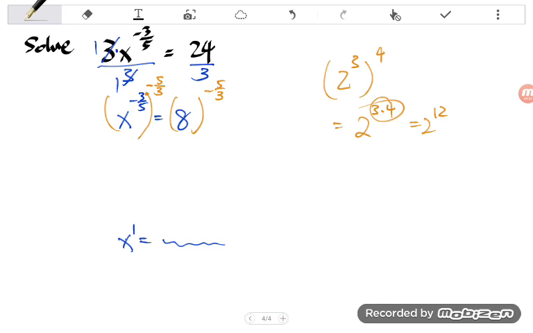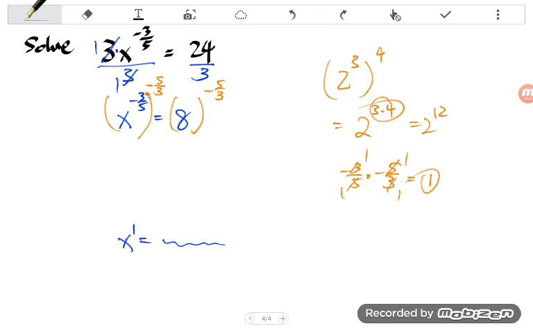I'm gonna use that property. If you see here, if I multiply them, negative 3 over 5 multiplied by negative 5 over 3, I would get the 5 and the 5 cancels out, the 3 and the 3 cancels out, and negative times negative, I would get 1. And that's good because that's my 1 over here. You see that? This one is my 1 over here, right?